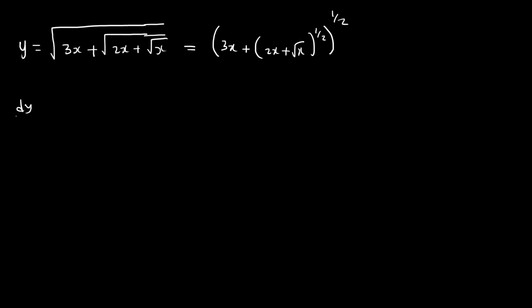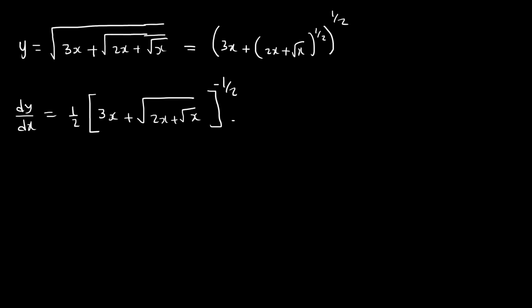So now you have to start with the main function. If I start with that half, what happens? I have half, then I have this bracket exponent minus half, because we multiply and subtract 1. Then what happens inside? Nothing changes. You still have this thing exactly as it is.